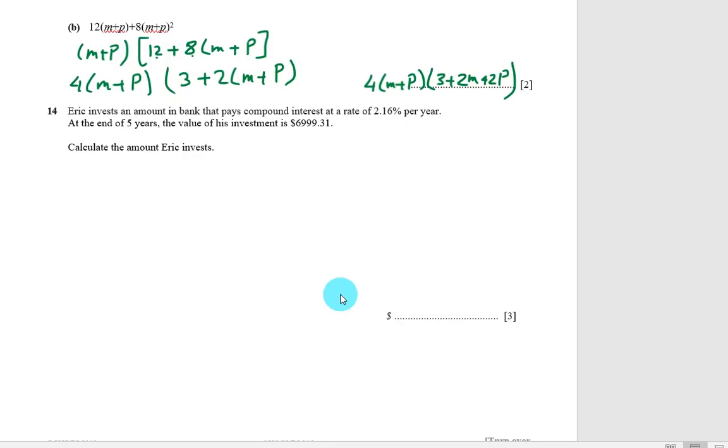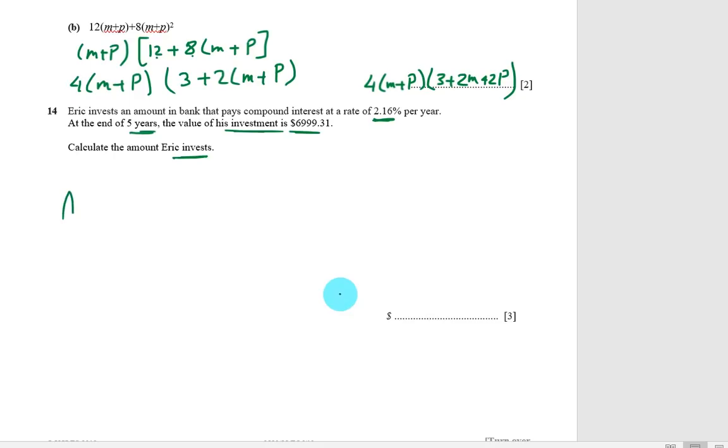Eric invests an amount in a bank that pays compound interest at a rate of 2.16% per year. At the end of 5 years, the value of this investment is equal to $6,999.31. Calculate Eric's investment. We need the first amount of the money.